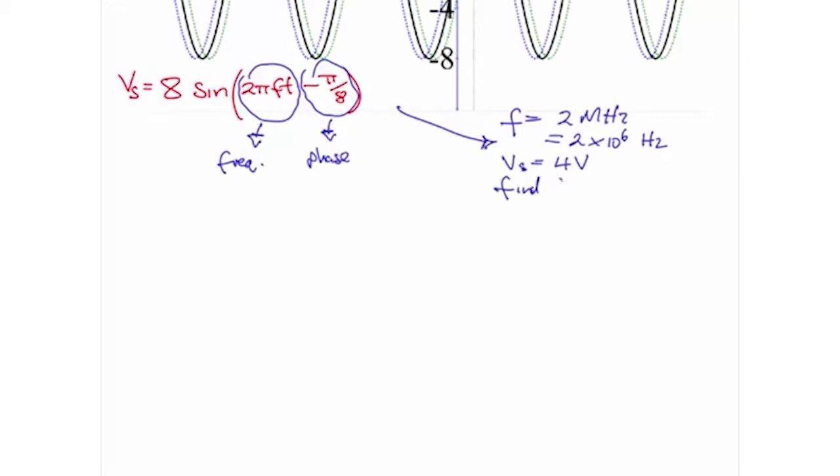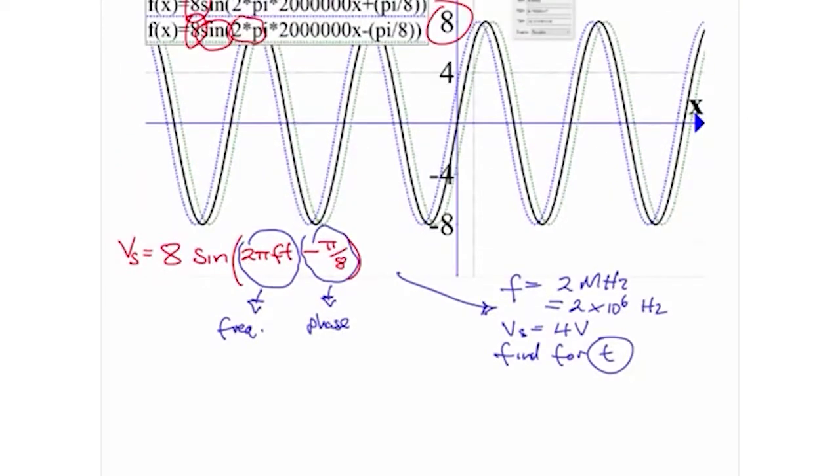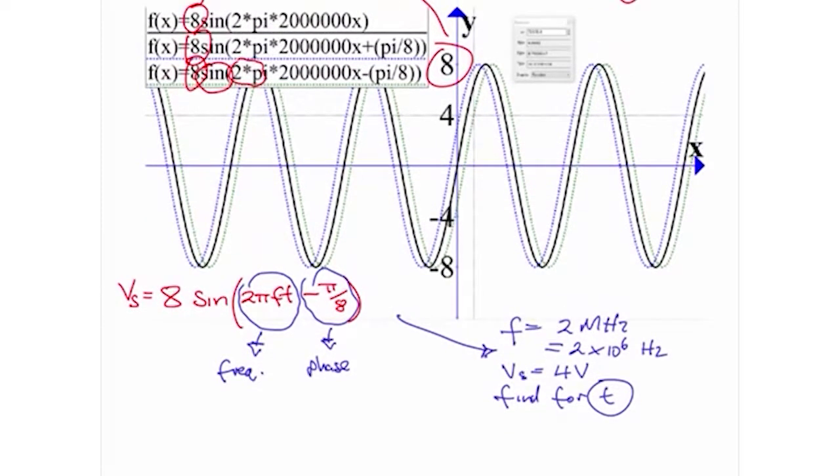find for t. In other words, I want t equals blah blah blah, or in this case, an actual time. So the first point in time where Vs is 4. Okay, now if you look at these graphs here, you've got minus pi by 8 there, so it's the green graph. You're looking at the green graph.